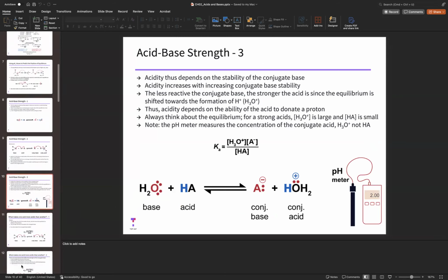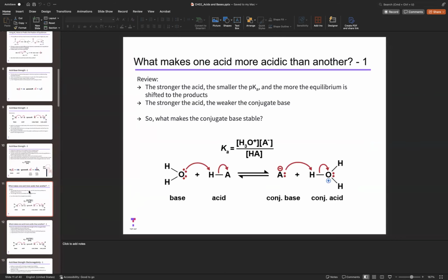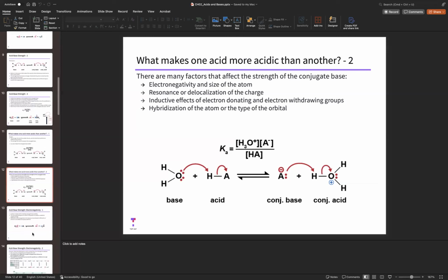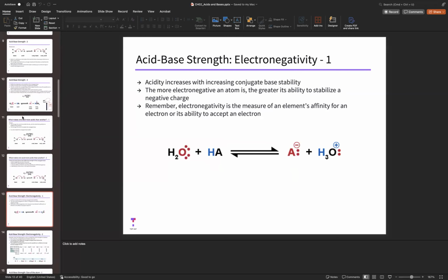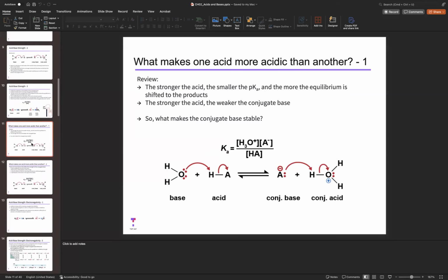There are going to be 5 factors. Actually, there will be 6 factors we are going to look at, which make an acid a strong acid. And we'll look at all of them today.